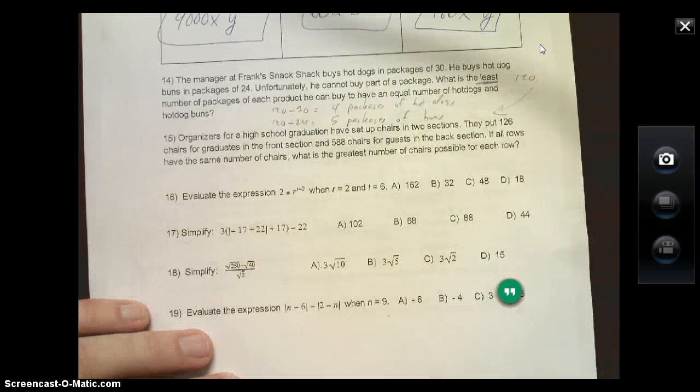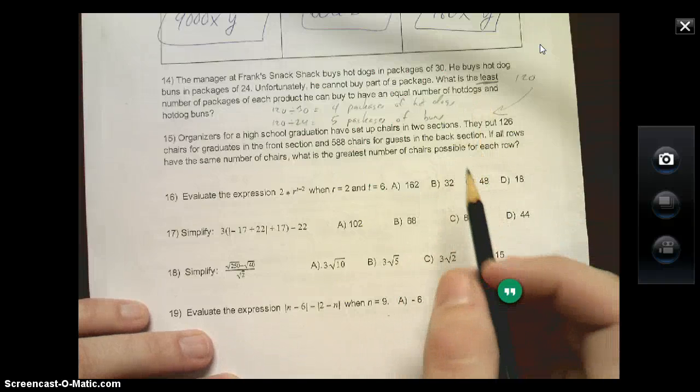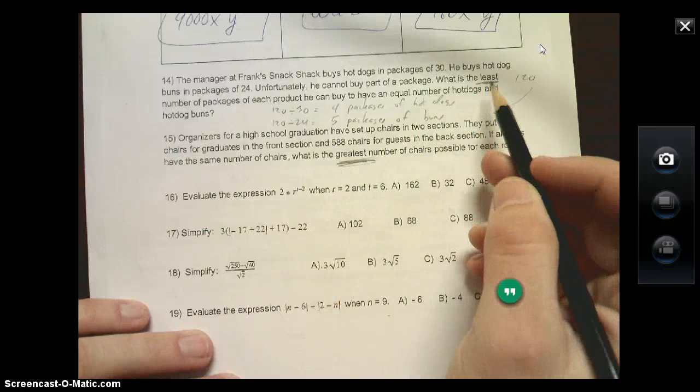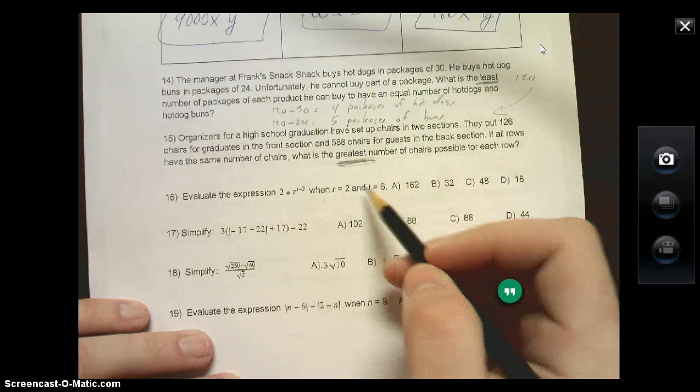Down to 15. Organizers for a high school graduation have set up chairs in 2 sections. They put 126 chairs for graduates in the front section, 588 chairs for guests in the back section. If all rows have the same number of chairs, what's the greatest number of chairs possible for each row? Okay. Least was the important word for the last problem. The greatest is here.